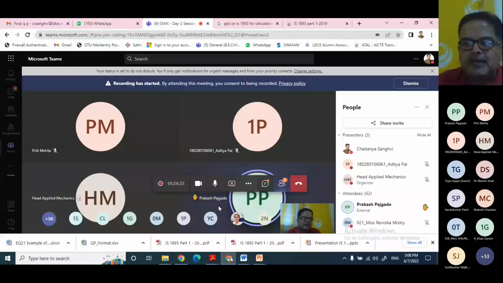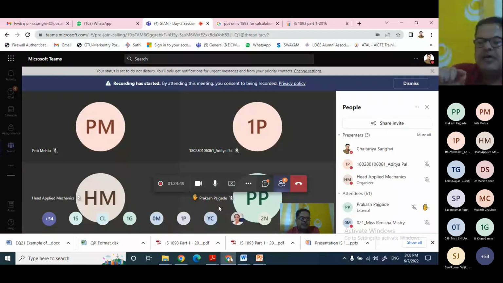Yes. That is the correct answer. When we're talking about the live load, like the load of the human beings or the load of the furniture, right? Now during the shaking, what is going to happen? The furniture is not attached with the floor. So what is going to happen? It will slide, right? So there is a friction between, for example, the furniture and the floor.